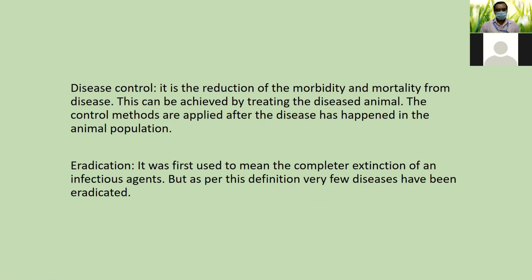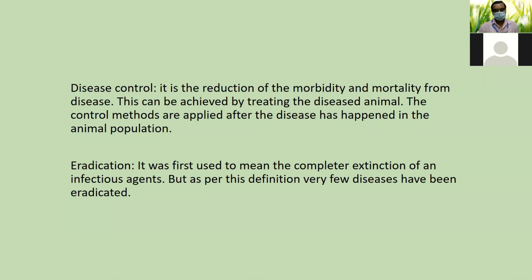For this, first of all, we should know what disease control is, what it means that a disease is being controlled. In simple words, it is the reduction in the morbidity and mortality from a disease.